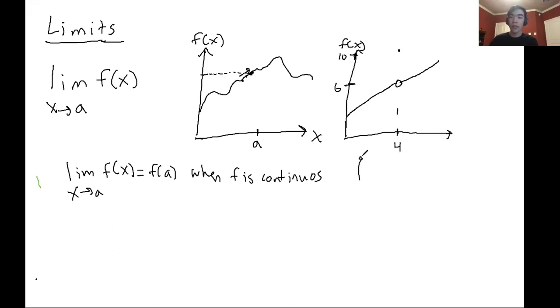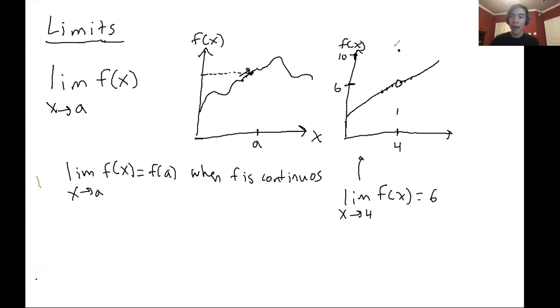Then in this case, when you take the limit as x approaches 4 of f of x, you actually get 6. Because as you take values getting infinitely closer, your f value becomes infinitely close to 6. That's why the limit is 6. Your values are limiting towards 6 is the vocabulary you'd use.